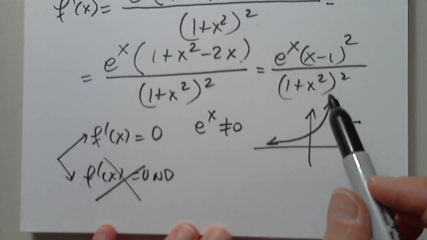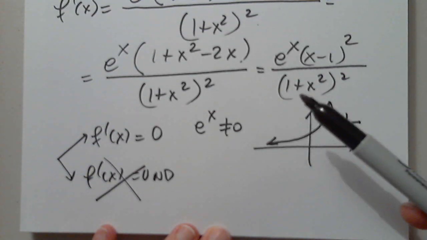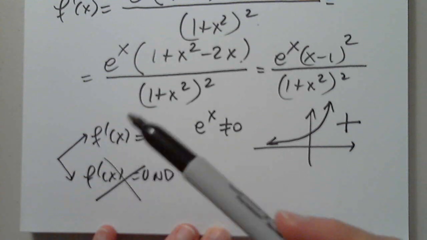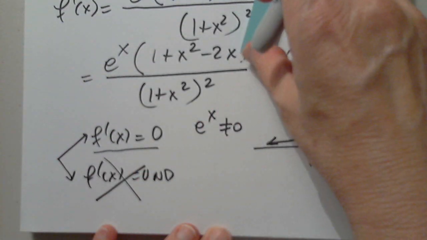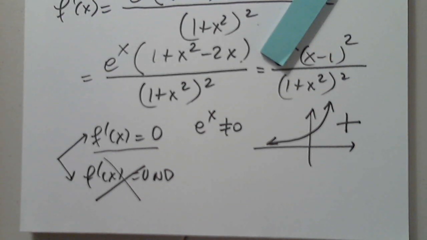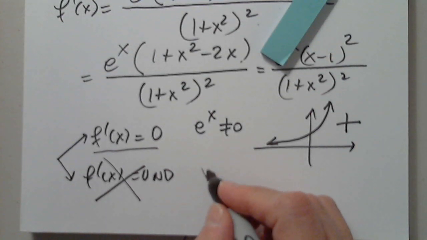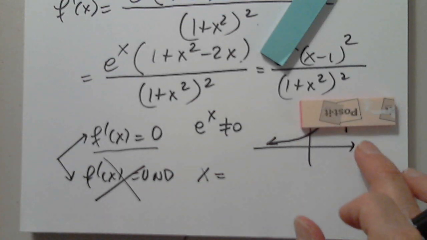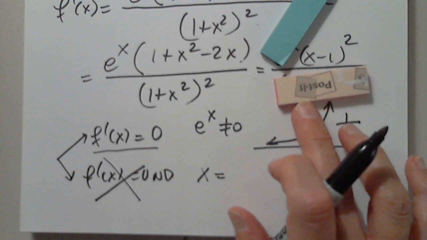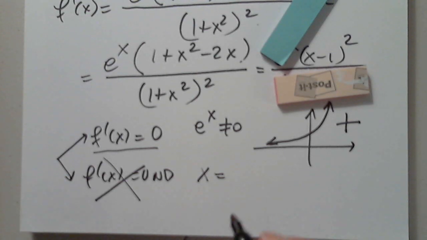Now, what can f prime be 0 if this piece cannot be 0? Is there any other chance for f prime to be 0? Yes, because the other part could be 0, and then when you multiply e to the power of x by 0, it would become 0.